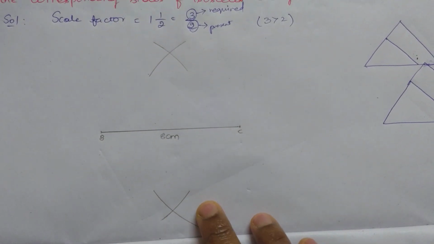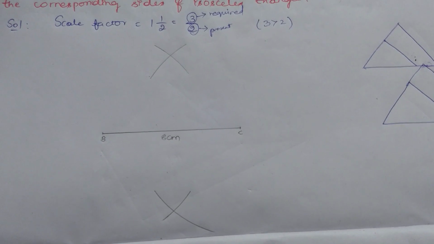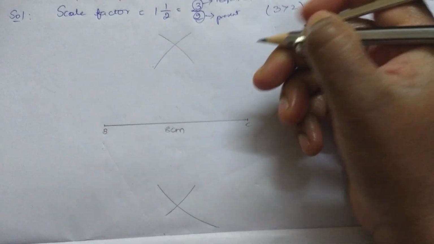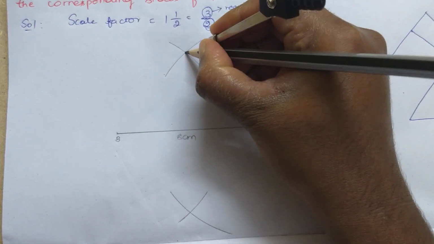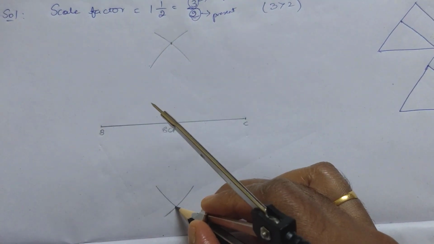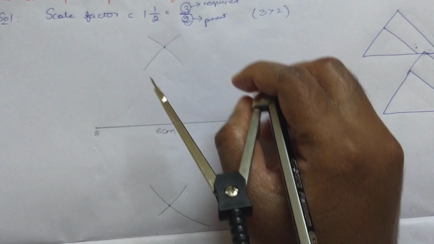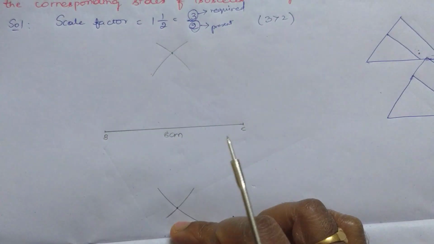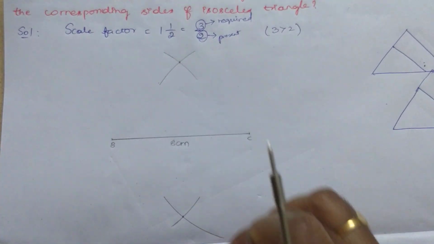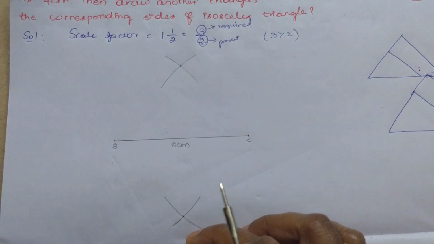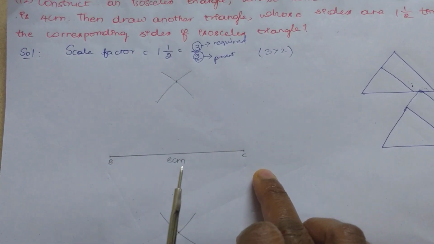I have drawn arcs on both the sides. Now let's join the 2 points where the 2 arcs intersected. So this line is called the perpendicular bisector for the side BC.